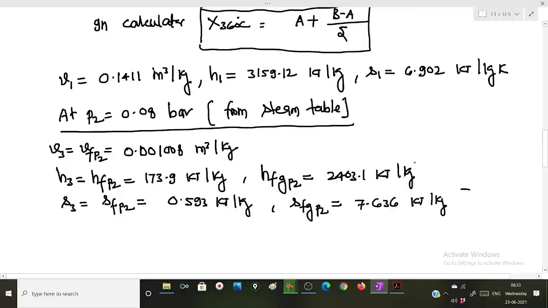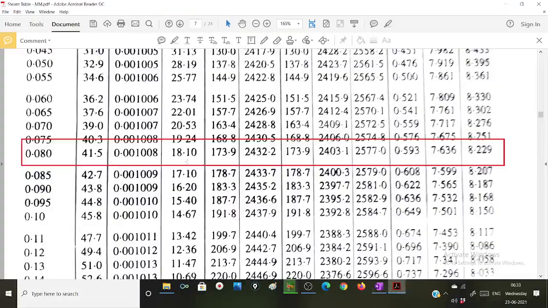Okay, so all these values I could get from the steam table at 0.08 bar.